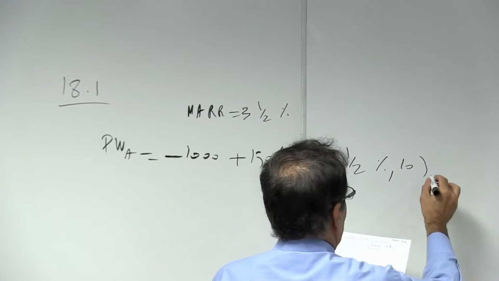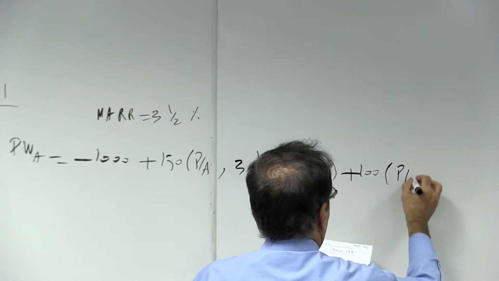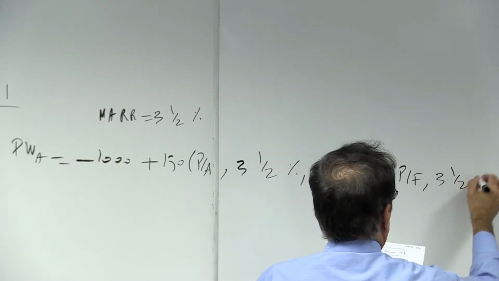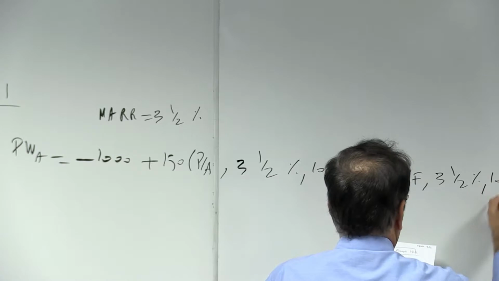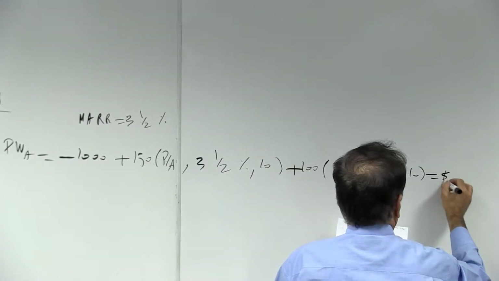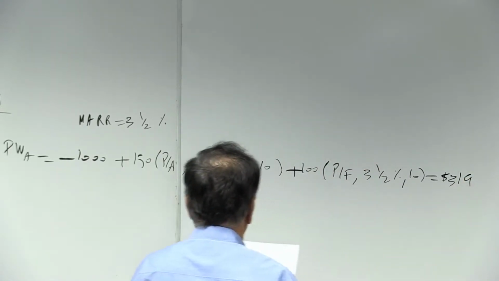Then we have a salvage value, 100 P given F, 3.5%, and 10 periods. Now, if I calculate this one, this becomes $319. That's the present worth of alternative A.